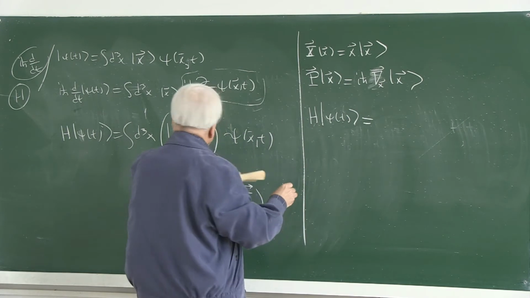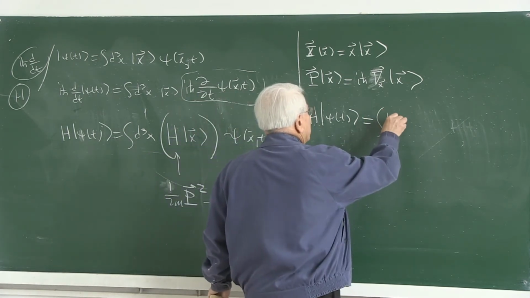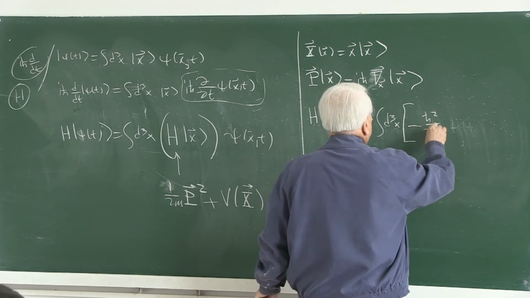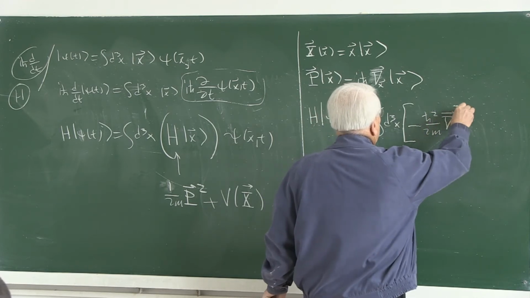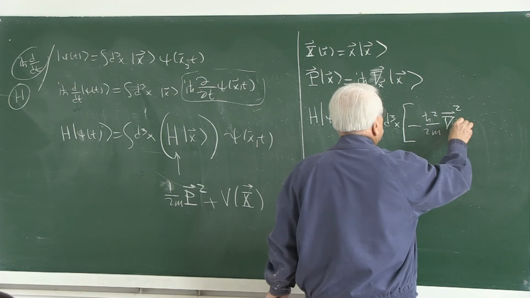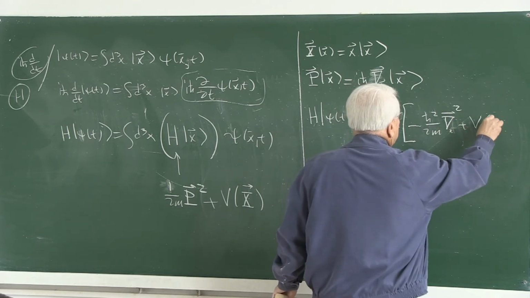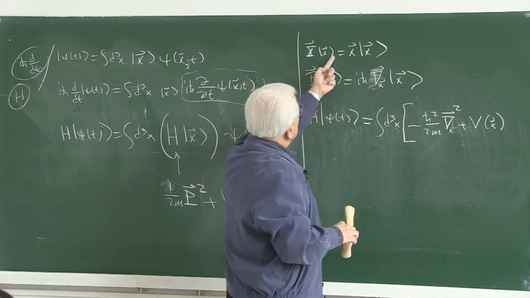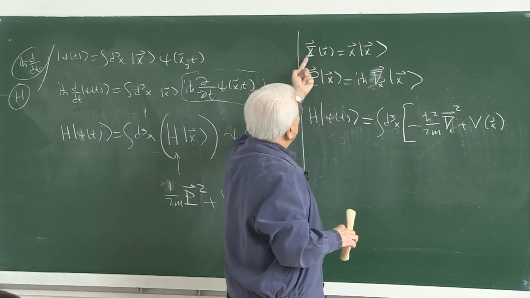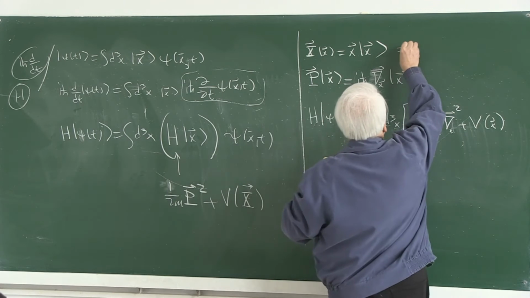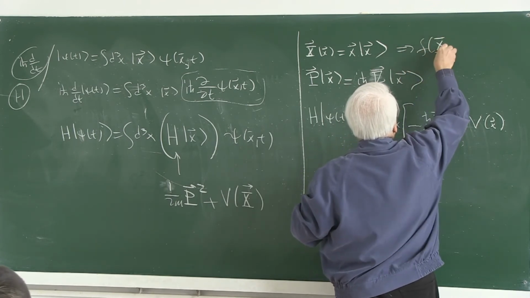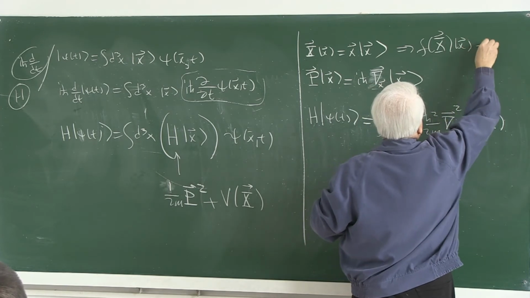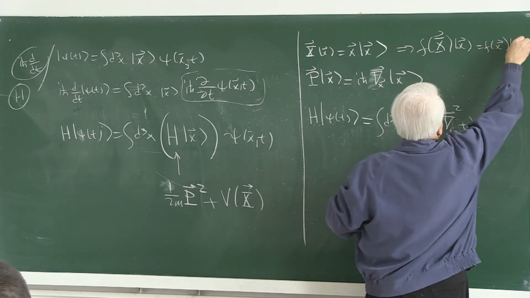So what is this thing then? The integral d cube x of minus h bar squared over 2m del squared, with respect to x, plus V of x. Now why? Because if capital X is this, then any function of capital X, f of X acting on x, is f of x times x.